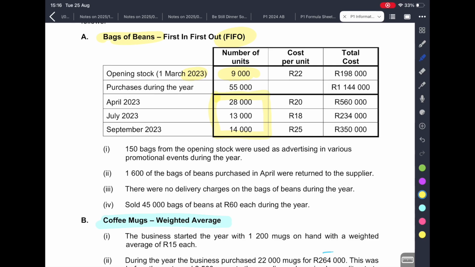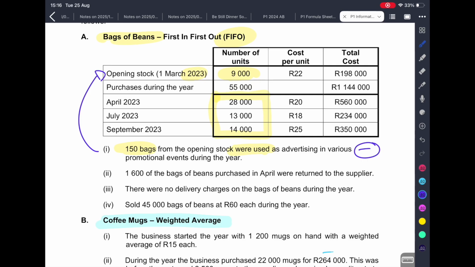Take note, 150 bags from the beginning of the year, from the 9,000, was actually used for advertising. So that means they are gone, and we are going to have to minus them in our calculations of what we had available.